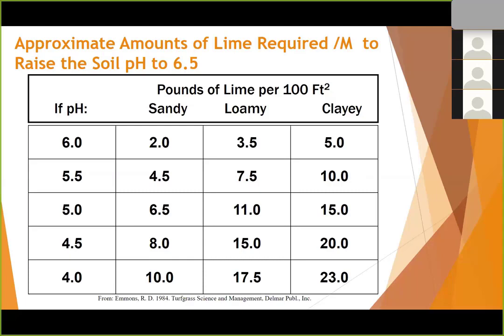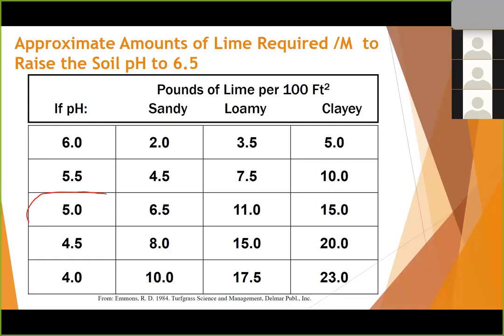If I'm trying to raise pH from 4 to 6.5, that's a lot larger range than going from 6 to 6.5. So it would naturally take a lot more product to do so. But compounding that was what we were talking about with the soil texture. If you went from sandy soil, let's just look at pH of 5.